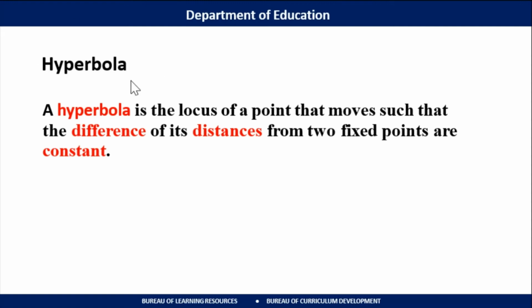Next is hyperbola. So, hyperbola is the locus of a point that moves such that the difference of its distances from two fixed points are constant. So, pag hyperbola naman class, ang tatandaan natin is yung word na difference. Okay?